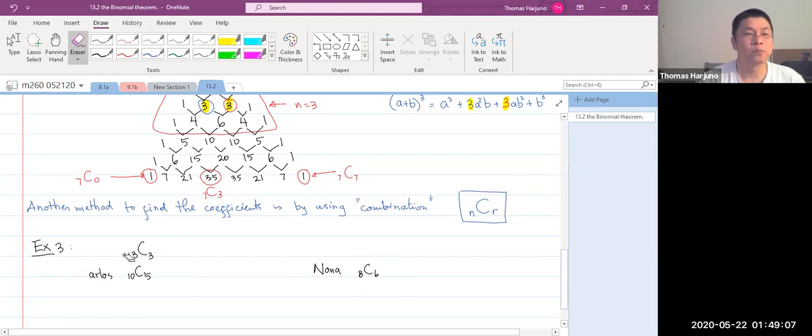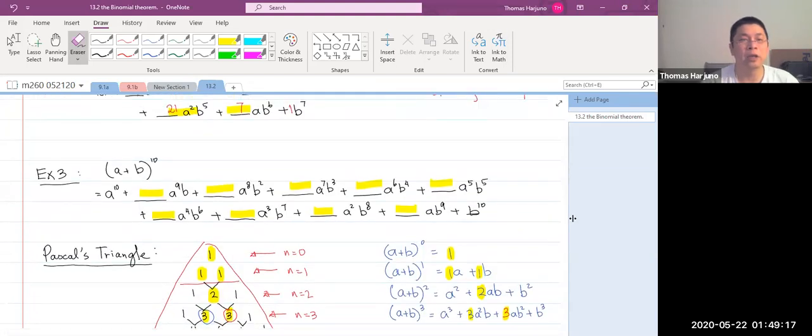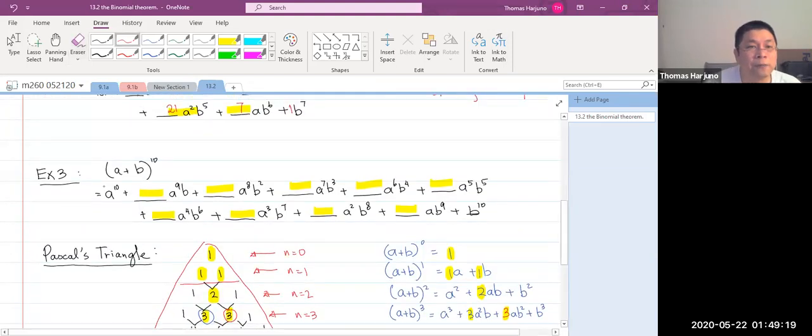Now then, we will go back to our example 3, the one from up here. Okay, now the first term here has coefficient 10 combination 0.